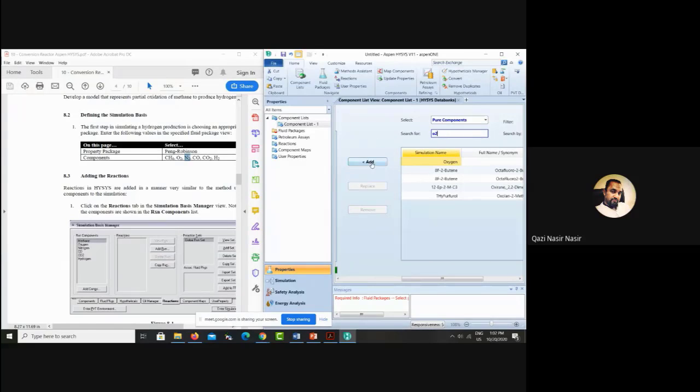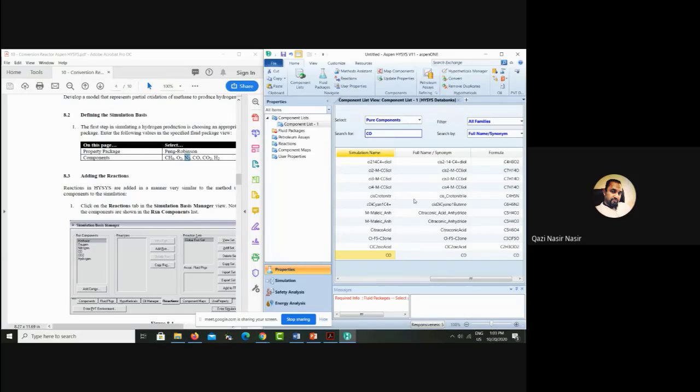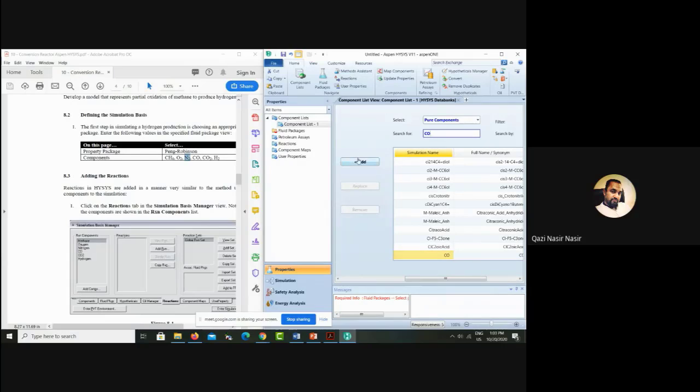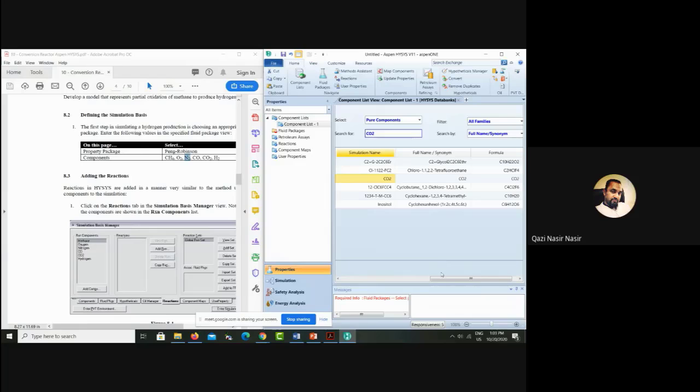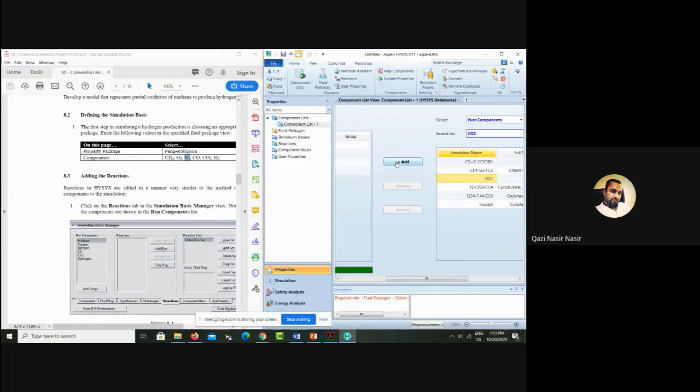Oxygen, then nitrogen, then carbon monoxide, then carbon dioxide, and then hydrogen.